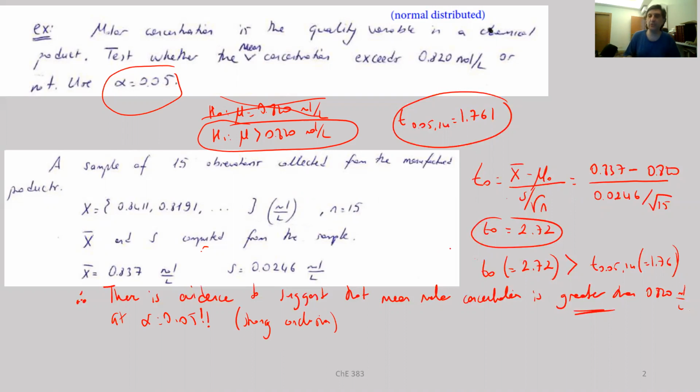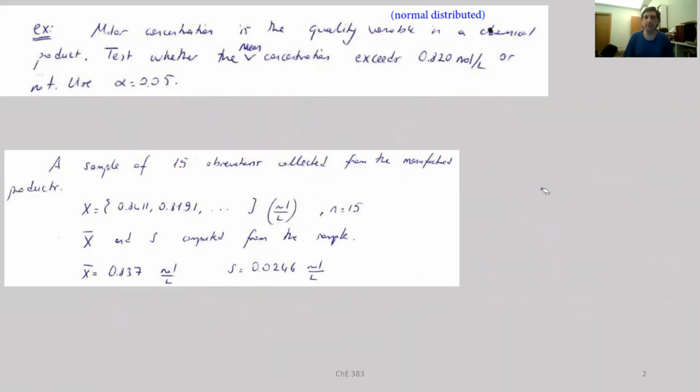Now, if I would like to determine the p-value, then I'm going to be using only that T0 value, with the corresponding 14 degrees of freedom. So T0 is found to be equal to 2.72, and degrees of freedom here is 14.